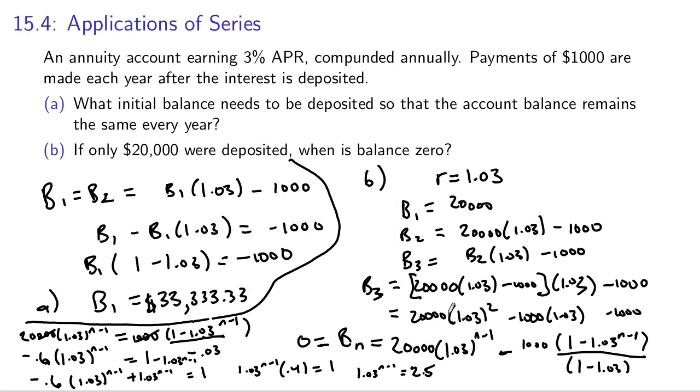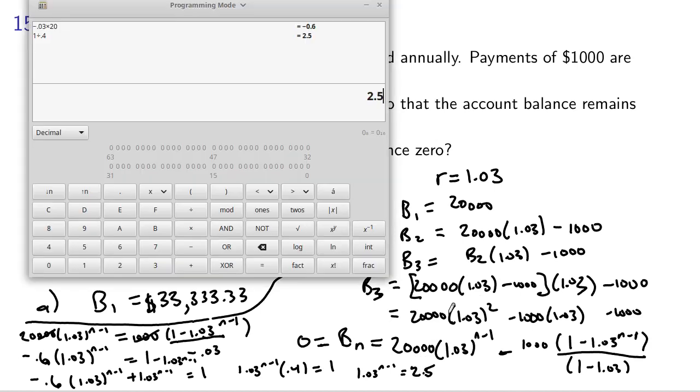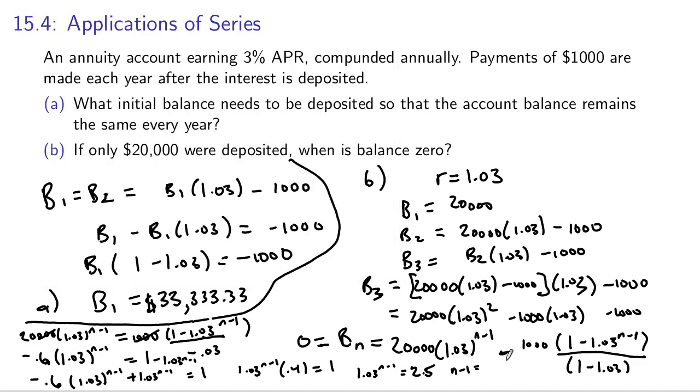Now taking the log of both sides, we get the log of 2.5 divided by the log of 1.03, and that gives us n minus 1. So n minus 1 is 31.